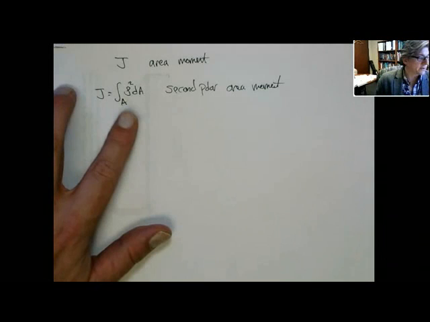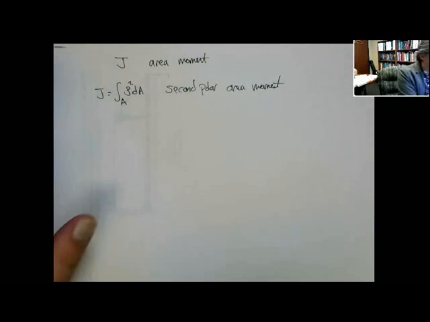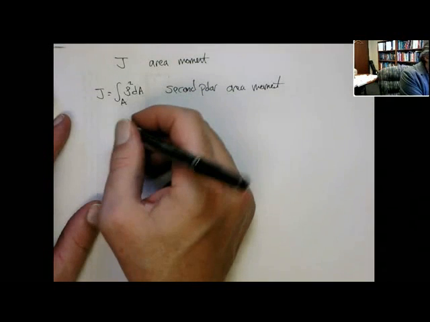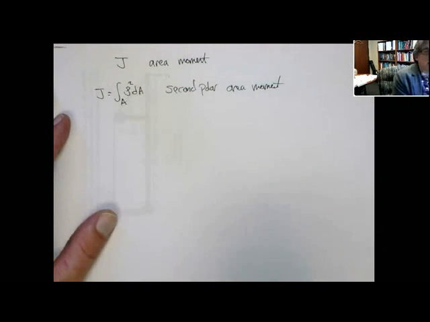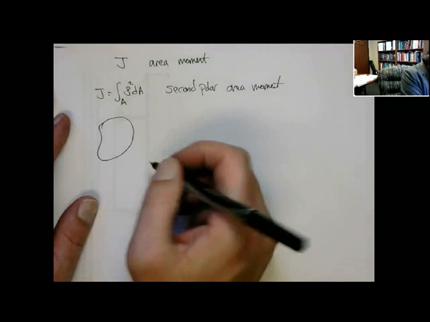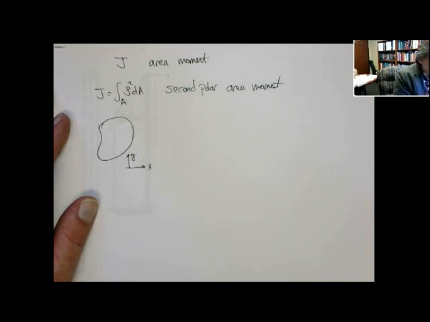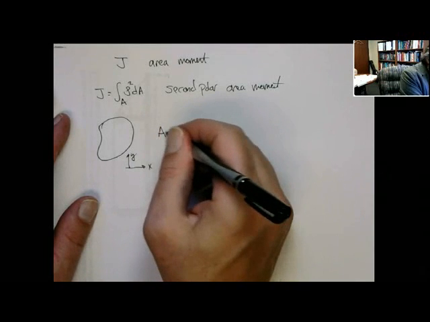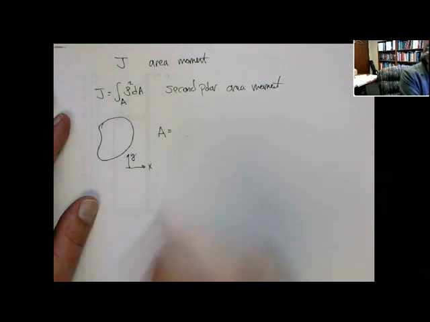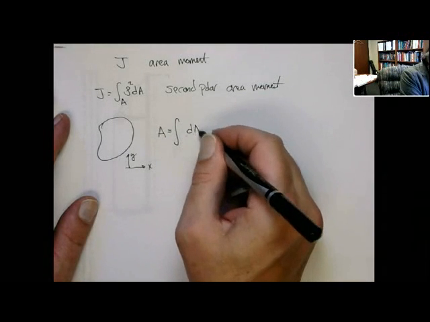So let's just talk about these moments, this concept of zero moment, first moment, second moment. I mentioned this in one of the videos, I think when I did the torsion equation. Let's just talk about Cartesian coordinates. So let's say we have some shape here, and let's call this the x-axis. We know that the area is the integral over the area of the differential area.